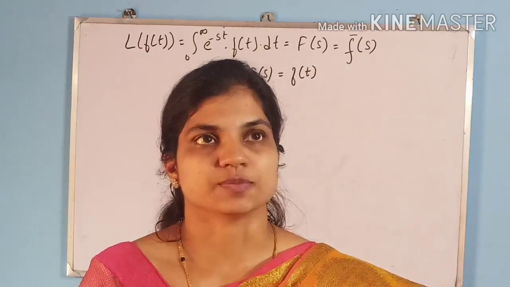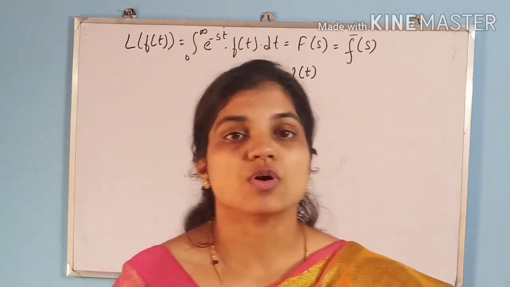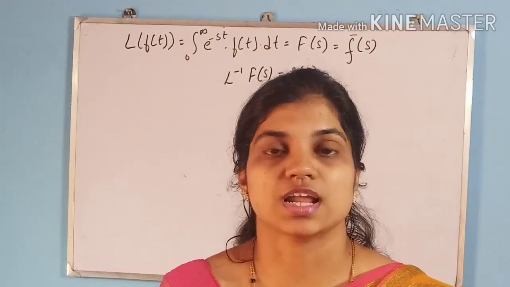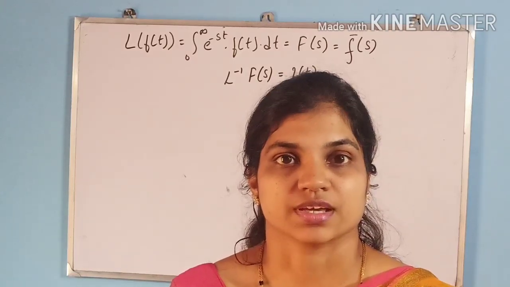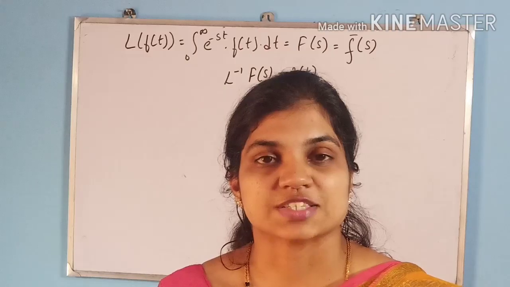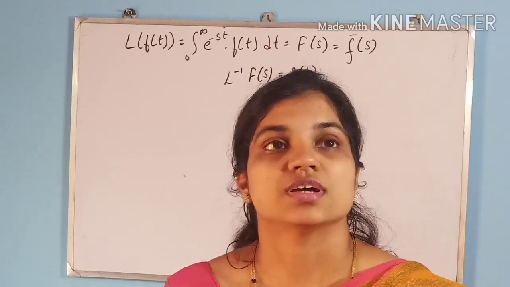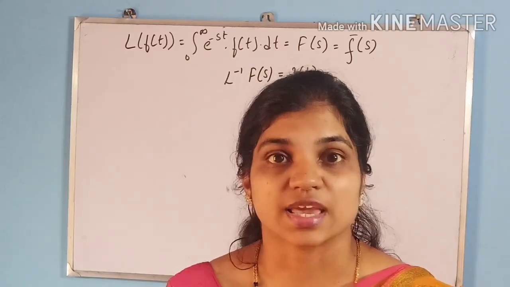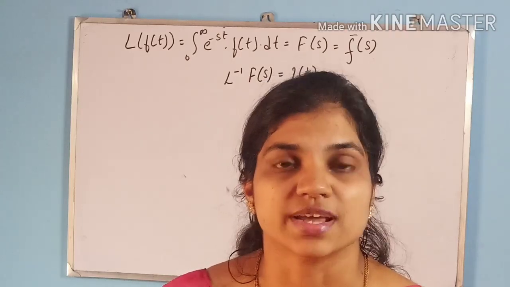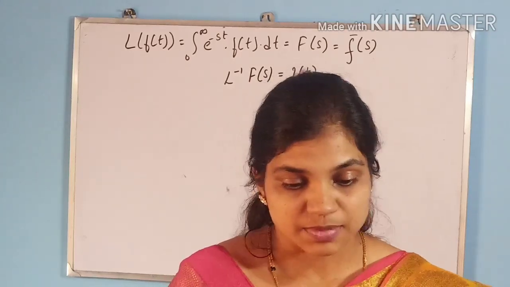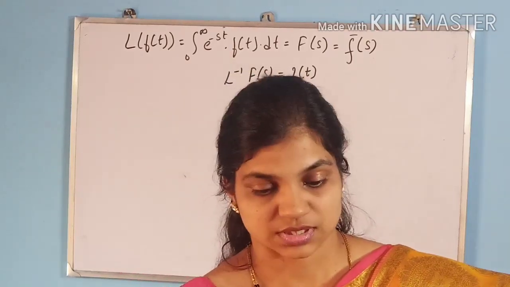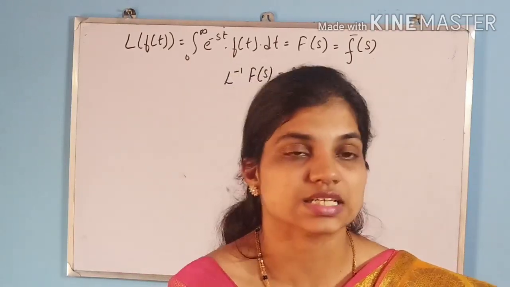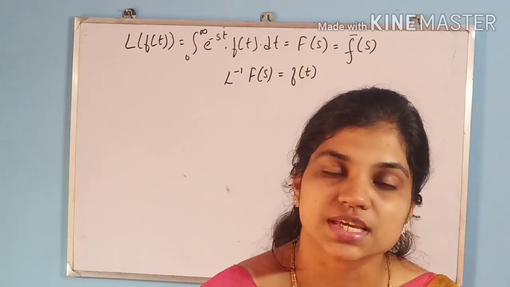So, for example, the Laplace transform of a is a by s. The Laplace transform of 1 is 1 by s. The Laplace transform of cos at is s upon s square plus a square.